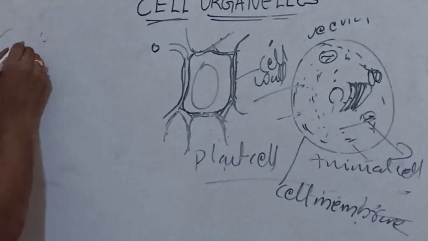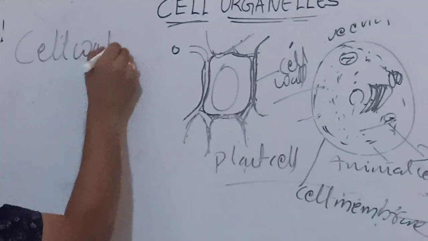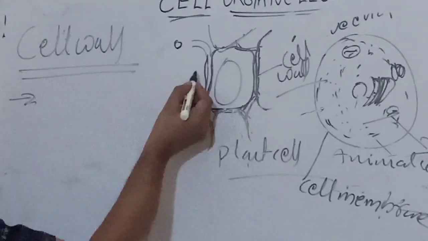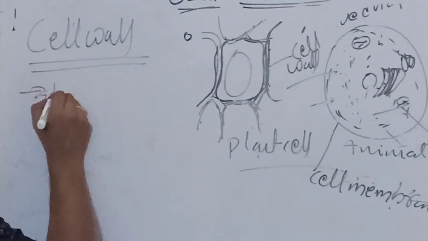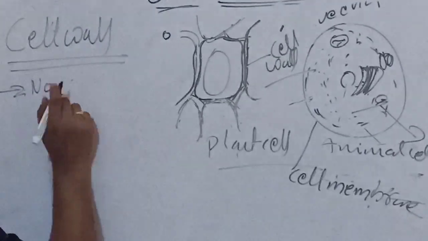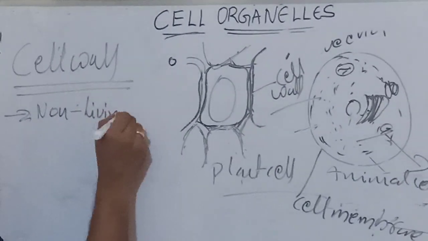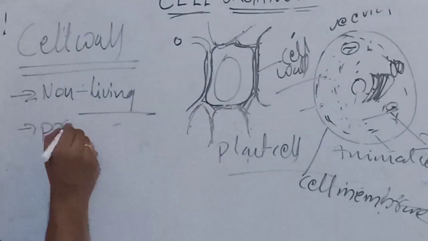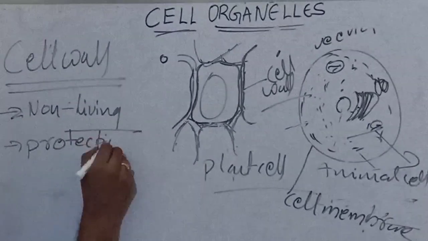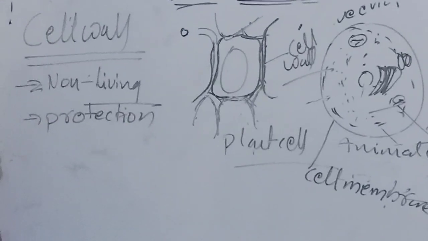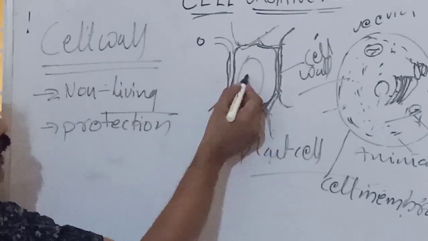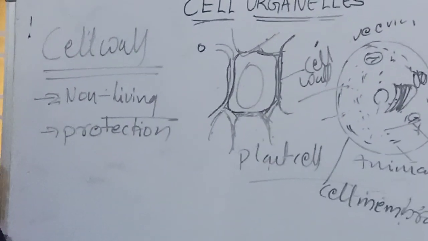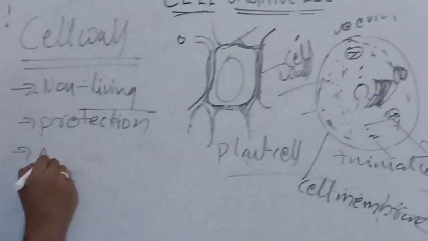The cell wall is a non-living substance which gives protection to the plant cell and does not allow microorganisms in.